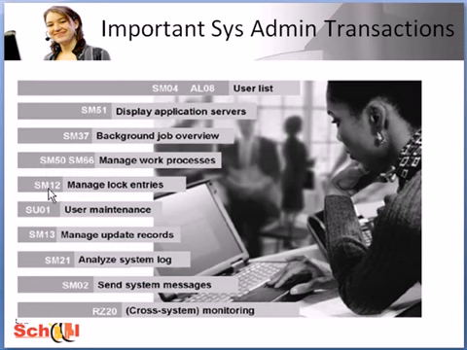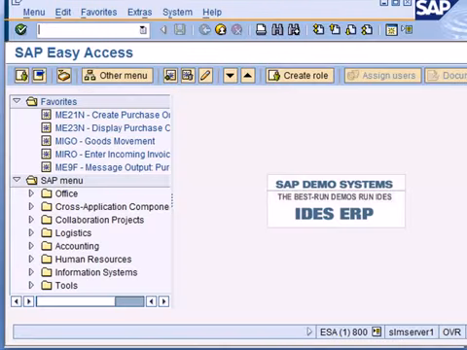The next transaction, SM50, is what we saw previously. It gives you how many work processes you have and which of these are busy.